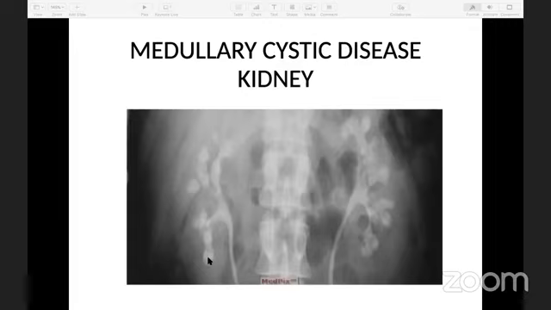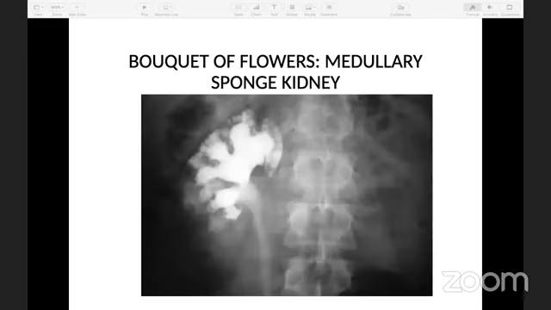The contrast in the dilated ducts produces paintbrush appearance. Contrast in dilated collecting ducts produces a characteristic bouquet of flowers appearance in medullary sponge kidney.